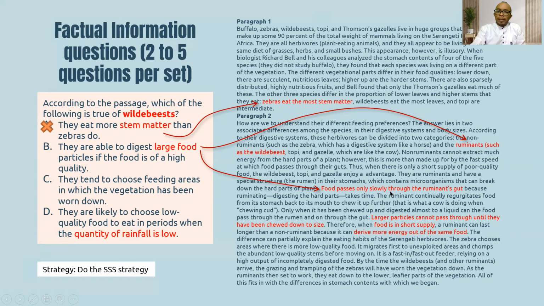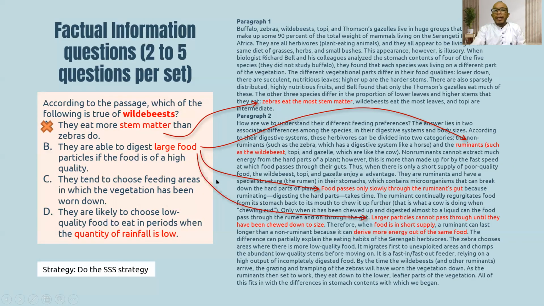So you can imagine that large food would be very difficult for them to digest based on that information. And here's another piece of information about the question. Larger particles cannot pass through their stomach until they have been chewed down to size.